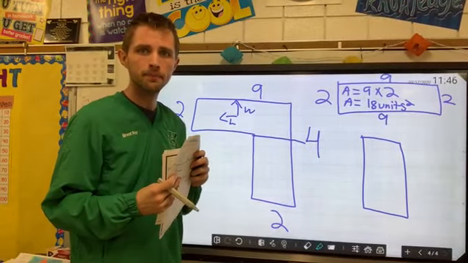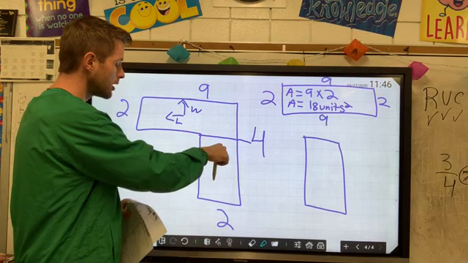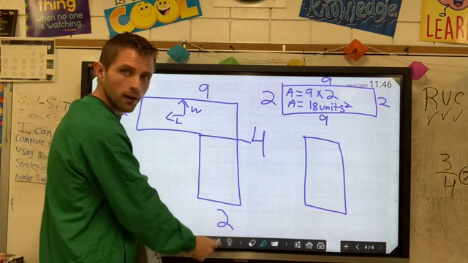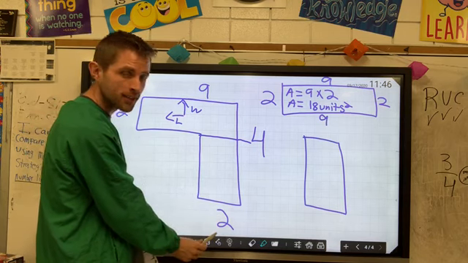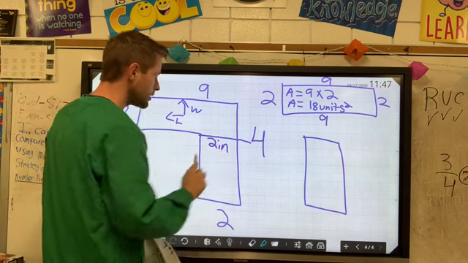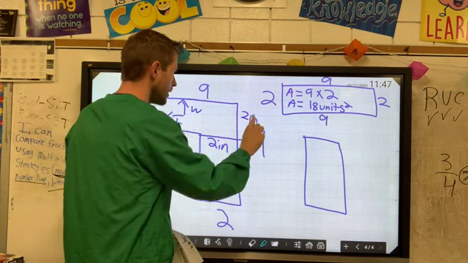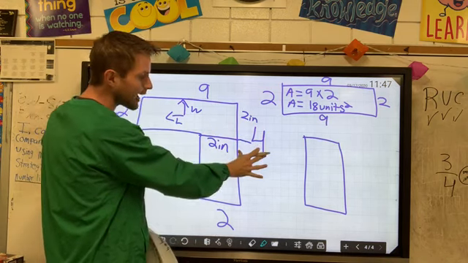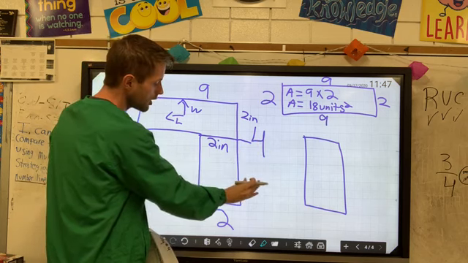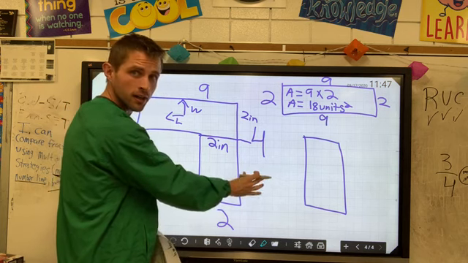Are you with me? Okay, let's go down to our bottom rectangle. We have the width already. If it's 2 down here, that means it must be 2 up here, right? Okay, and so we're going to have to find the other, not width, we're going to have to find the length here, right?